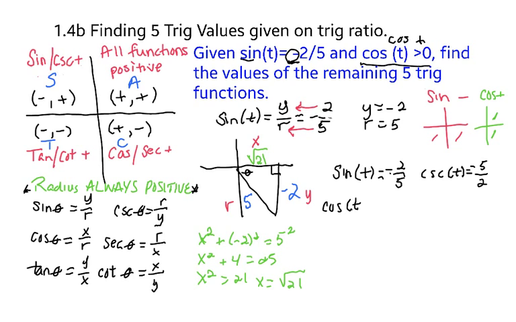Cosine of t is x over r, so that's square root of 21/5. And its reciprocal, secant, is 5 divided by the square root of 21, which we have to rationalize, so that ends up becoming 5 square root of 21/21.